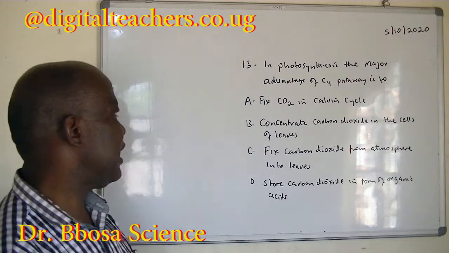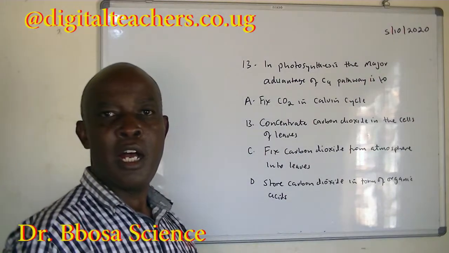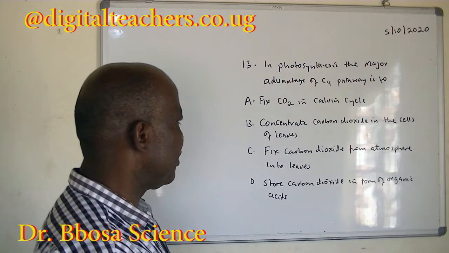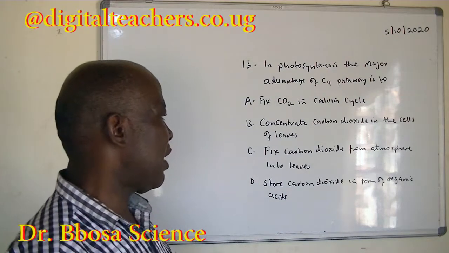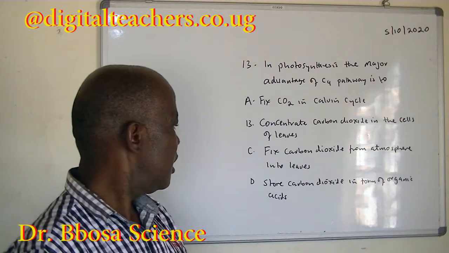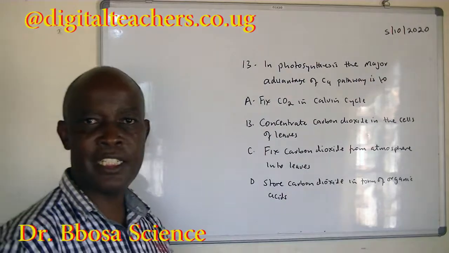Number 13. In photosynthesis, the major advantage of the C4 pathway is to A. Fix carbon dioxide in the Calvin cycle. B. Concentrate the carbon dioxide in the cells of the leaf. C. Fix carbon dioxide from the atmosphere into the leaf. D. Store carbon dioxide in the form of organic acids.